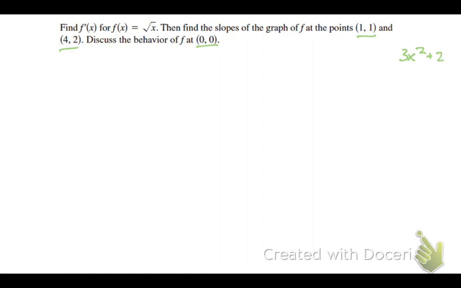So f prime of x, I told you that gave me my instantaneous rate of change, or my slope at any given point. So all I would do is plug in my what? X's. Am I going to have 3 different slopes? Yeah, because this is not constant. It looks like this, doesn't it? So you just plug them into that after we find the derivative. Because the derivative is the instantaneous rate of change, the slope at any given moment.